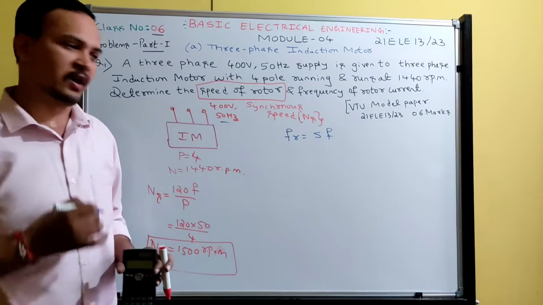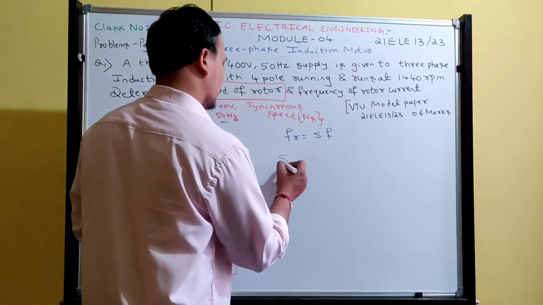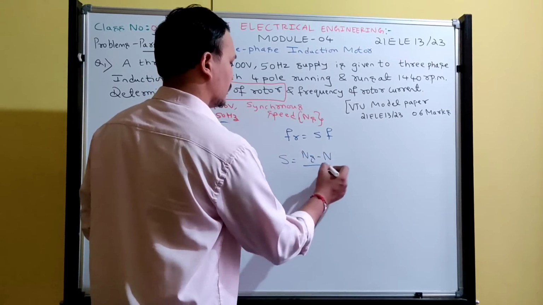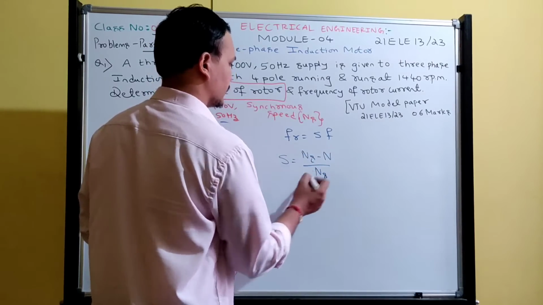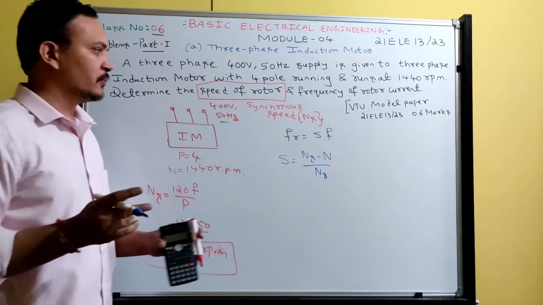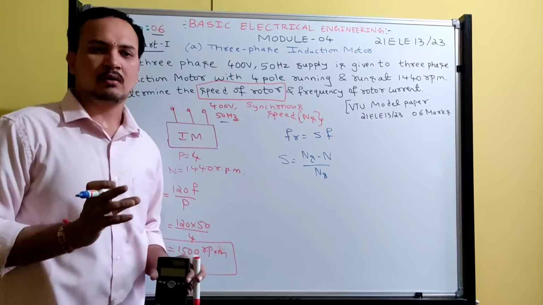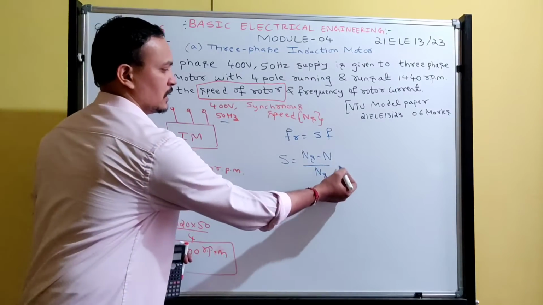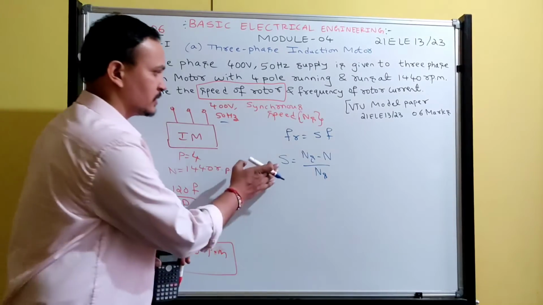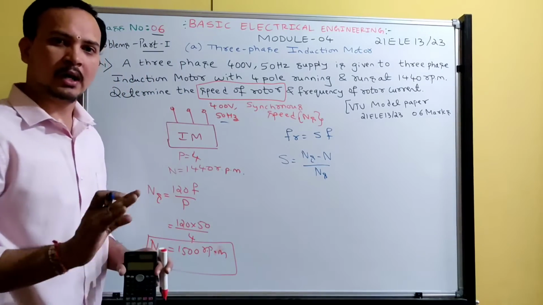What is the slip value? The slip formula is s = (Ns - N) divided by Ns. This s is absolute slip, which means you write it in fraction. If you multiply by 100, then it becomes percentage slip. Percentage slip is not required in this equation. We need absolute slip.